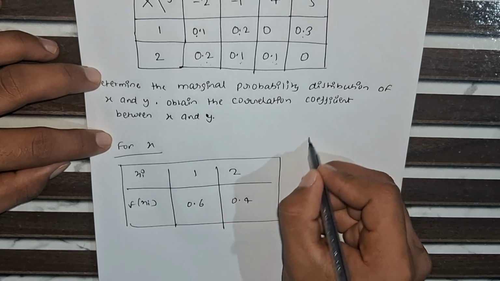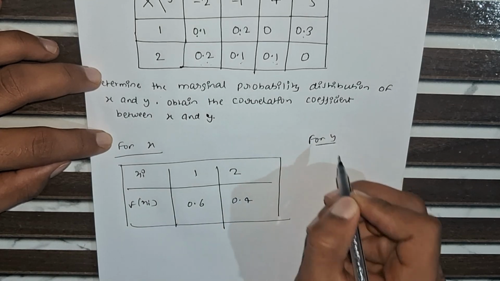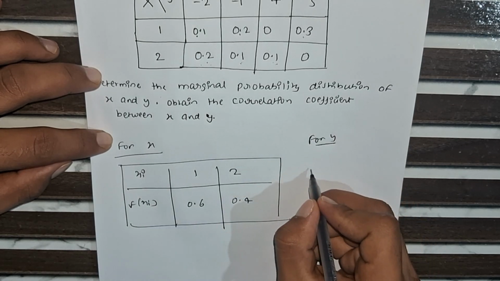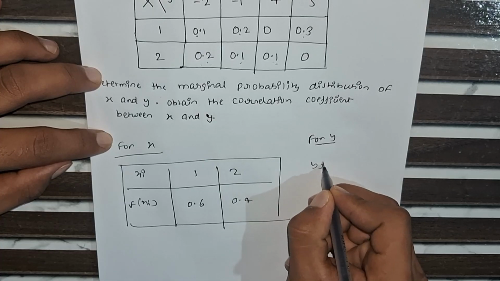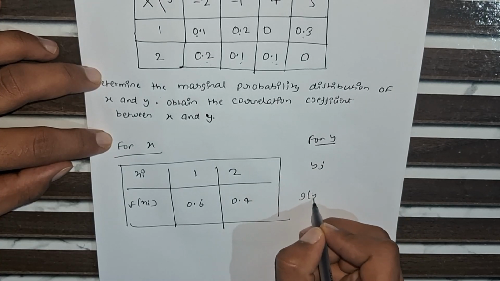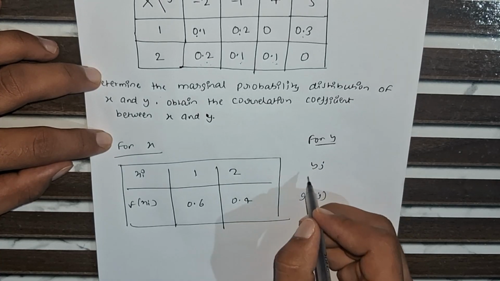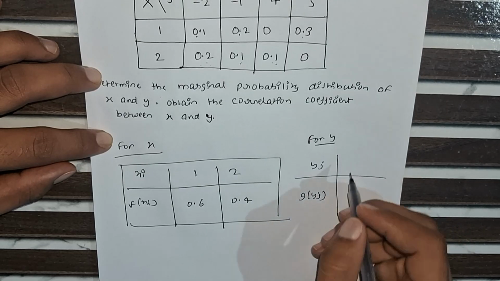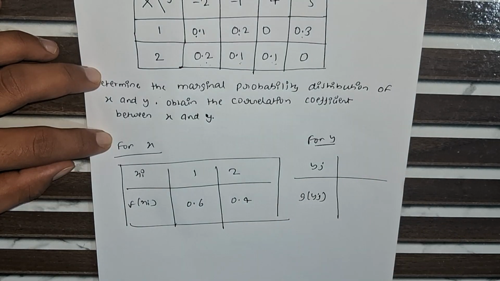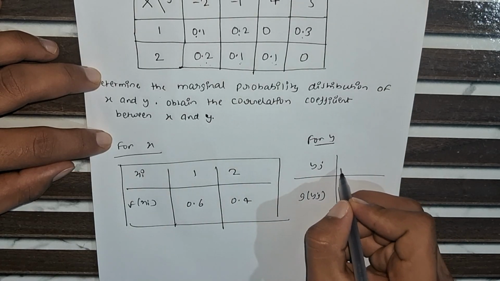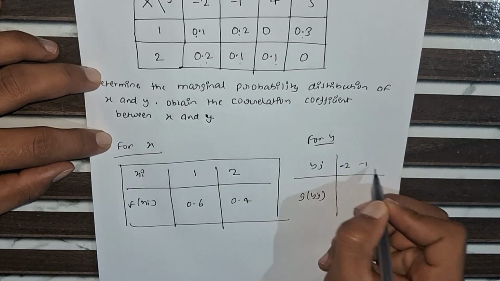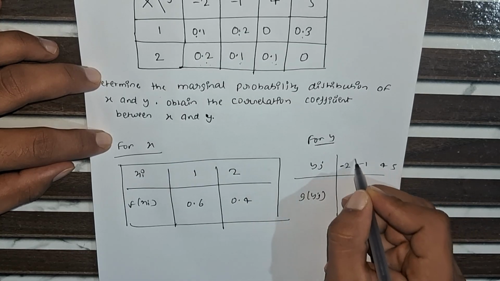Now go for y, which is g of yj. The values are -2, -1, 4, 5.